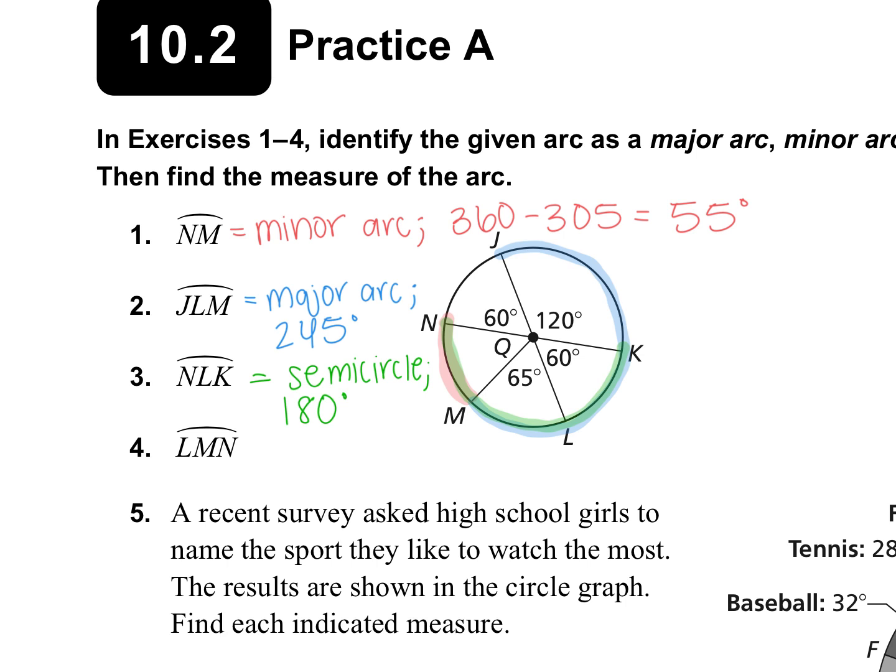And then the last one, LMN, starting from L, going to M, then going to N, so it's right here. Is that a major, minor, or semicircle? Good, that's a minor arc. And what's the measure of the minor arc? Good, 120 degrees. Any questions on those?